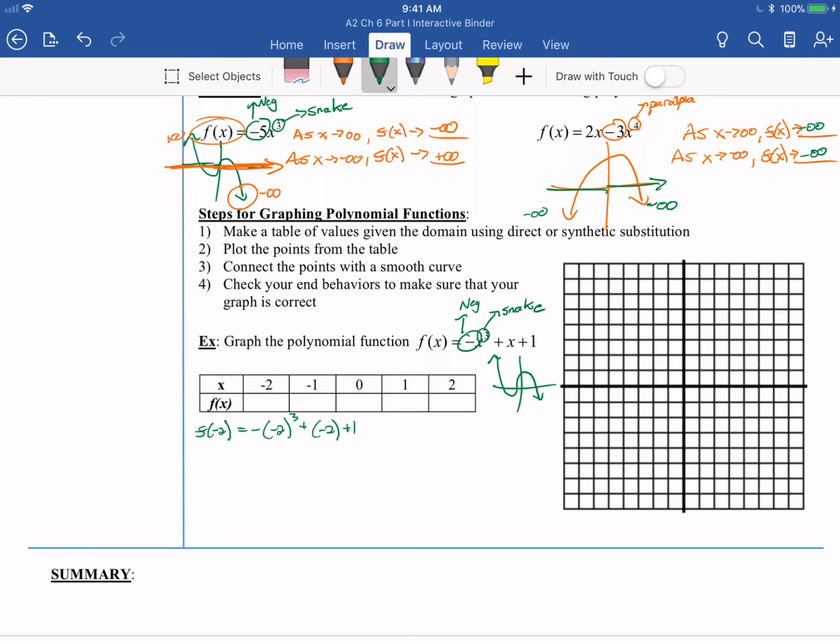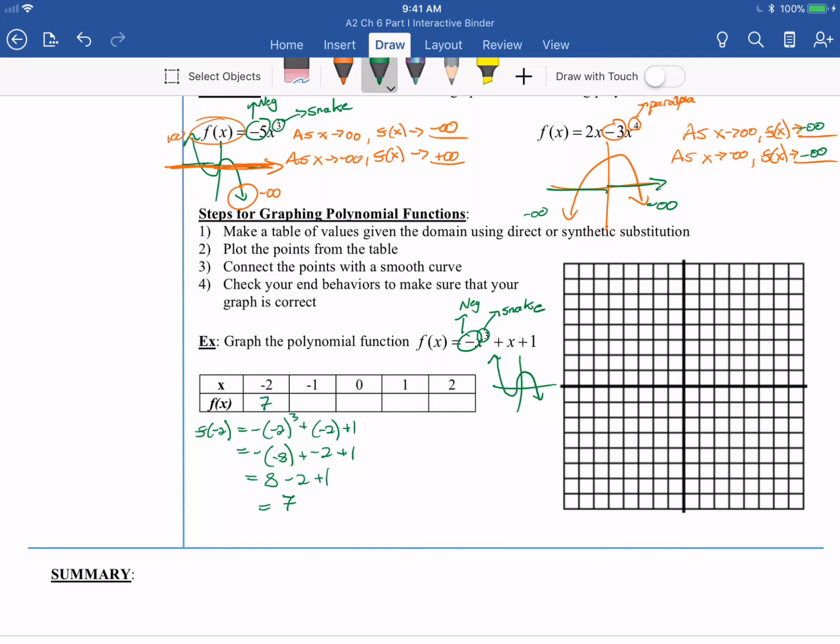If I plug these in, I get negative of negative 8 plus negative 2 plus 1. So negative of negative 8 is positive 8, so this is positive 8 minus 2 plus 1, which ends up being 7. All right, so f of negative 2 is 7.